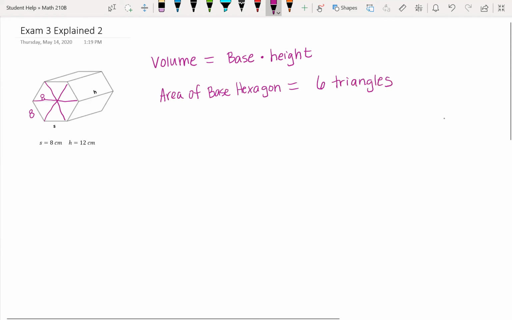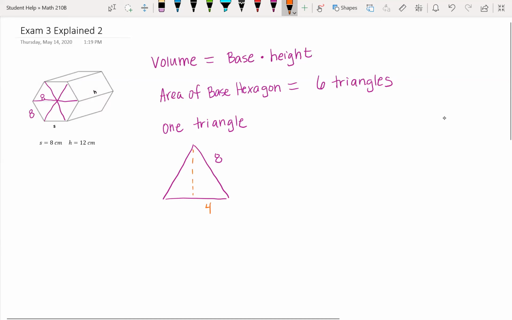Let's look at one triangle. Let's draw this larger. This side is 8. When I draw the height of this here, this splits in half to be 4. And because this was an equilateral triangle, all of the angles are 60 degrees.